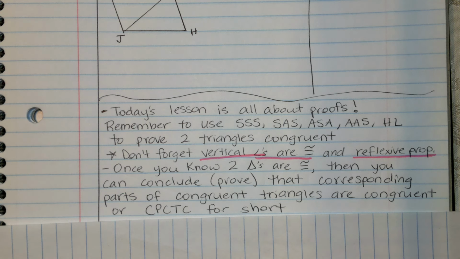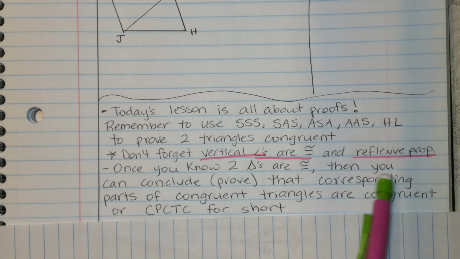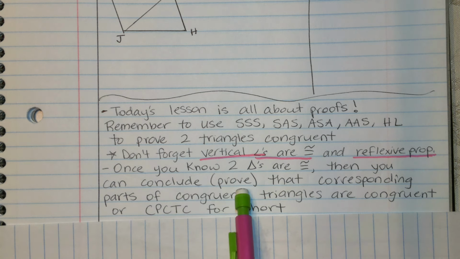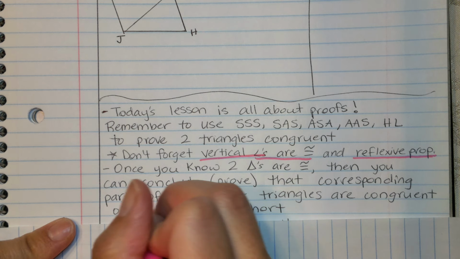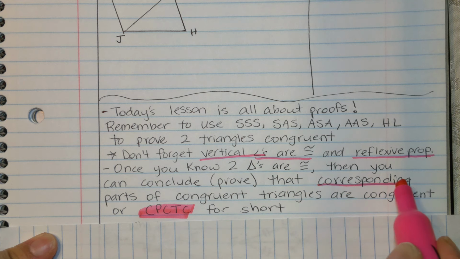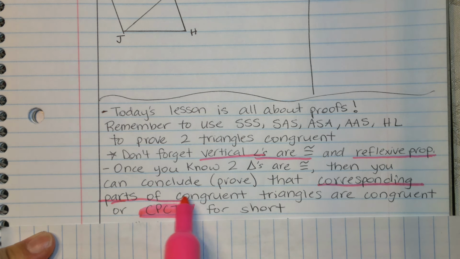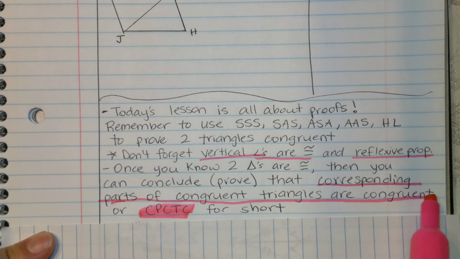Okay, so like I was saying, once you know two triangles are congruent, then you can conclude, you can prove that corresponding parts of congruent triangles are congruent, or CPCTC for short. So you can tell every time we write corresponding parts of congruent triangles are congruent, that's a lot.